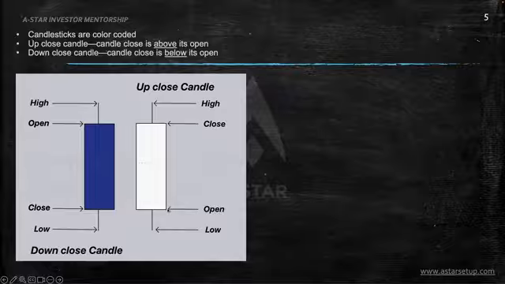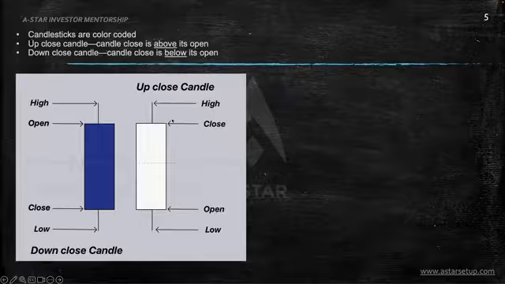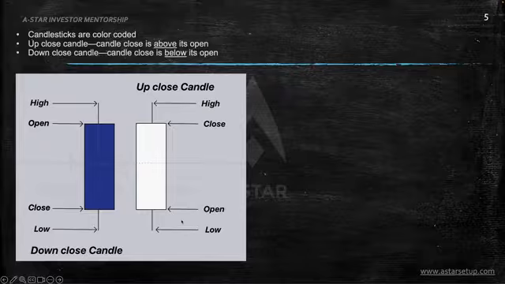The open is below the close. Or in other words, the close of that candle is above the open. That means where price closed at the end of that trading session was above the open. If price started that trading session at $10, when it closed, price was at $17. It went up.